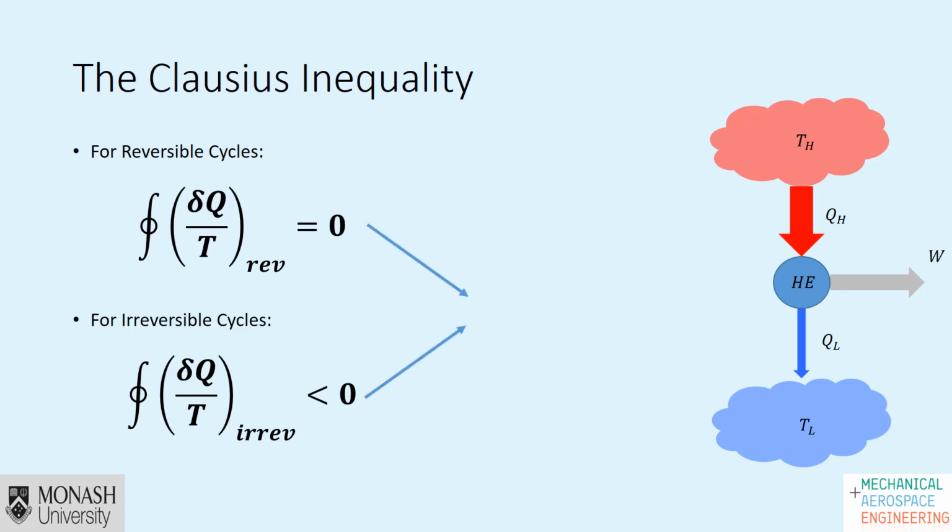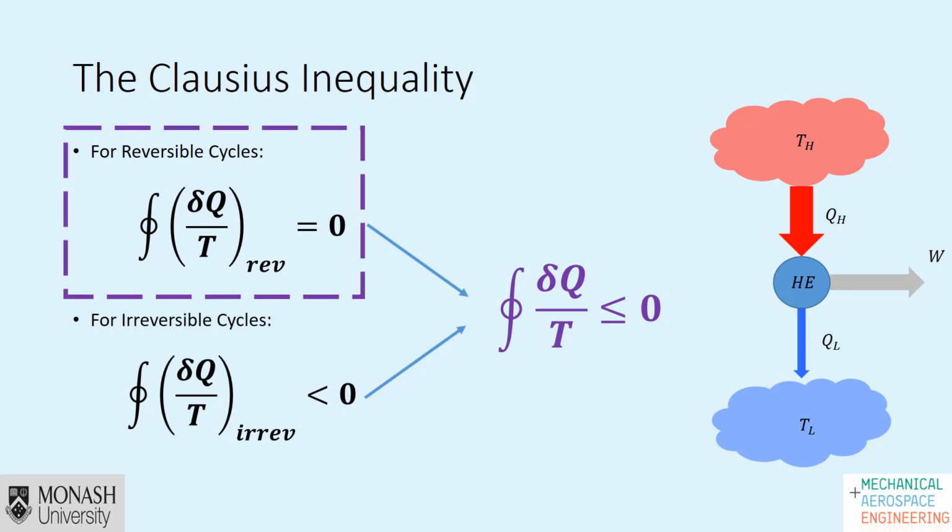We combine these two statements together and we get the general statement of the Clausius inequality, that for all possible cycles, the cyclic integral of the heat transfer divided by the temperature of the working fluid must be less than or equal to 0. We're going to make use of both the equality and the inequality parts of the Clausius inequality, but first we're just going to focus on the equality, the one that's true for totally reversible cycles.